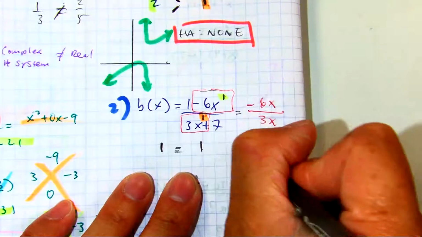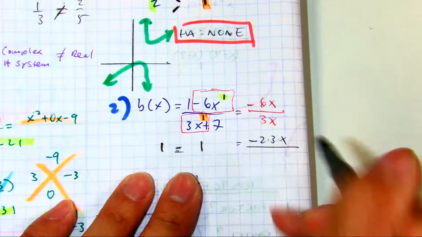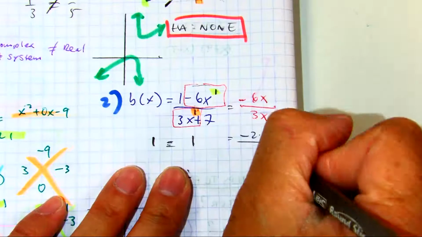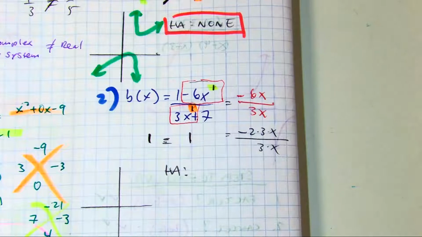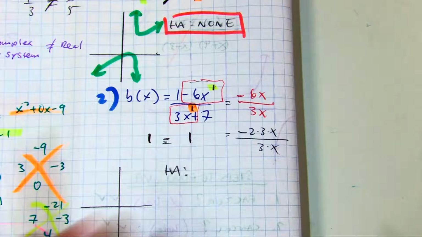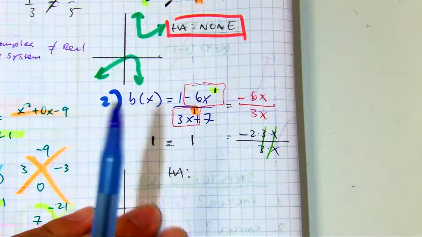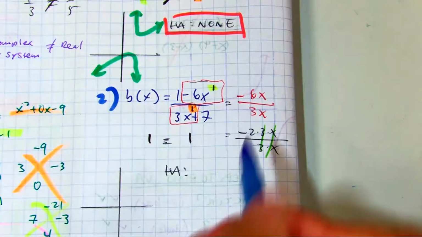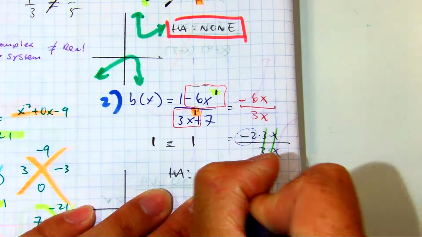So I see -2 times 3 times x. I see 3 times x. What can you cancel or reduce, class? The 3's and the x's. And you're left with a -2. So our horizontal asymptote is y equals -2 is our answer.